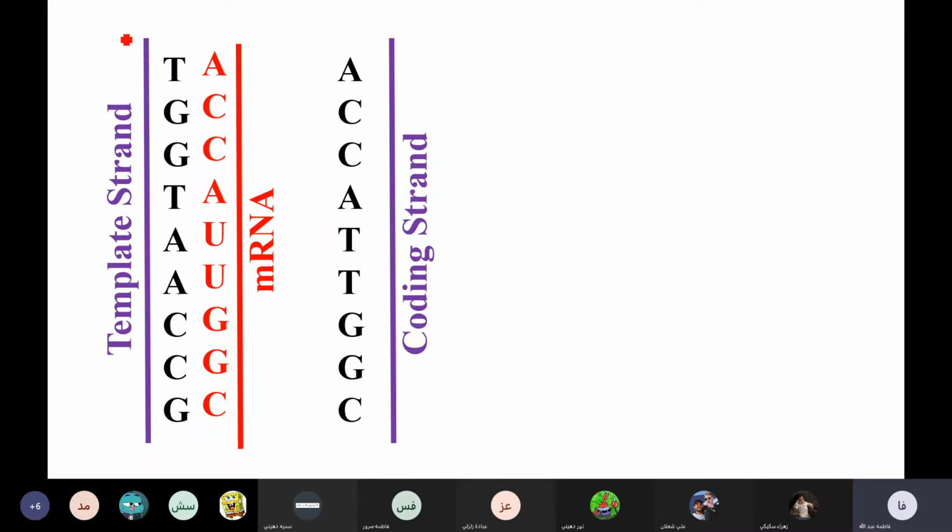Okay, if I make a comparison between the template and the messenger RNA, T and A, G and C, they are complementary. If I make a comparison between the messenger RNA and the coding strand, they are identical, as you can see: ACC, ACC, A, U. Where I have T we replace it by U, and the other sequences are the same, GGC.